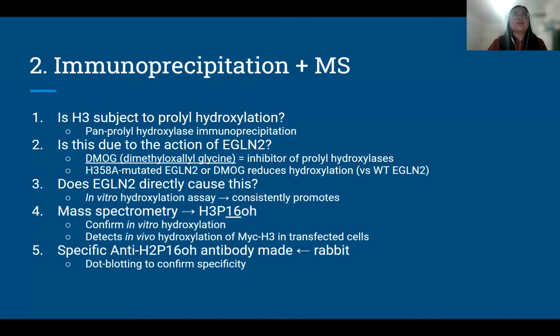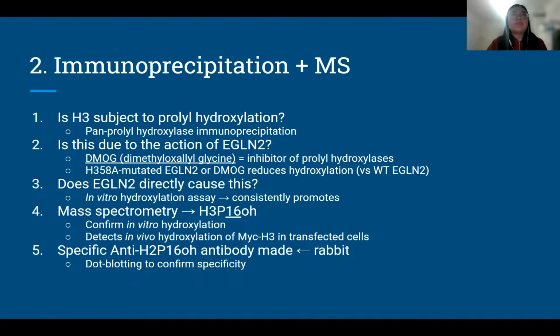After they found that H3 is being hydroxylated, they want to find out whether the hydroxylation is due to EGLN2, or because of other things they haven't investigated. Basically, they added DMOG, an inhibitor of prolyl hydroxylases. EGLN2 is also a prolyl hydroxylase, so DMOG will inhibit its action.